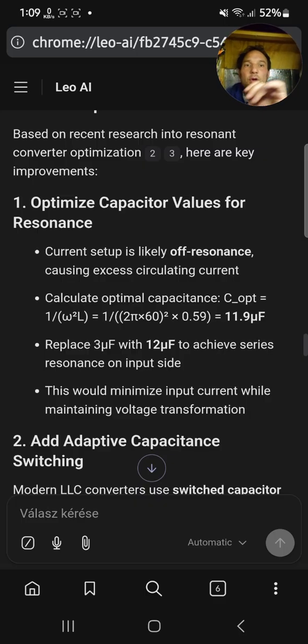I have given the values and I detailed the experiment for ChatGPT. He was not so detailed like Leo.